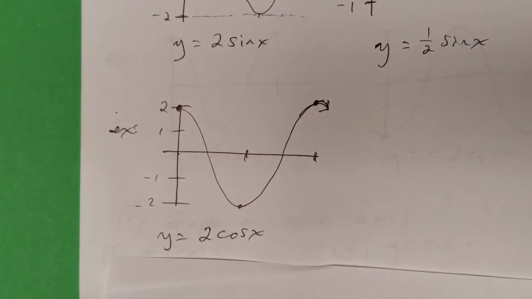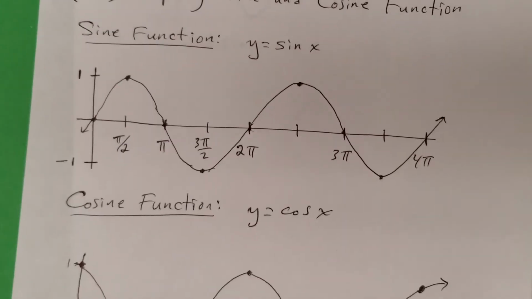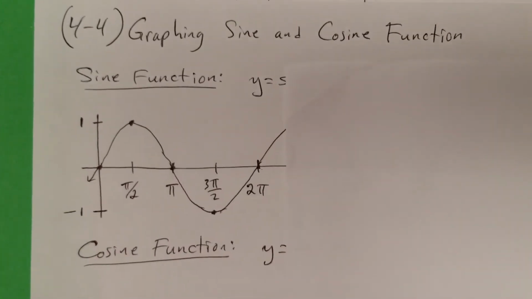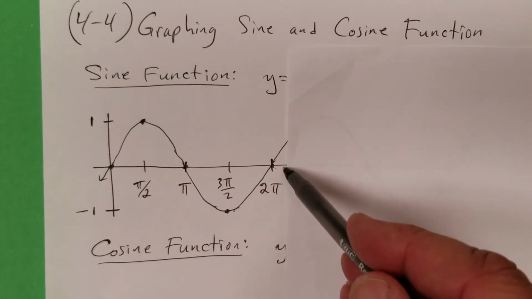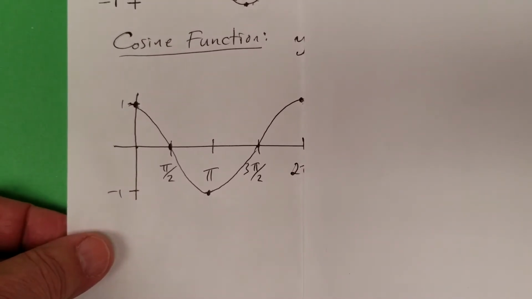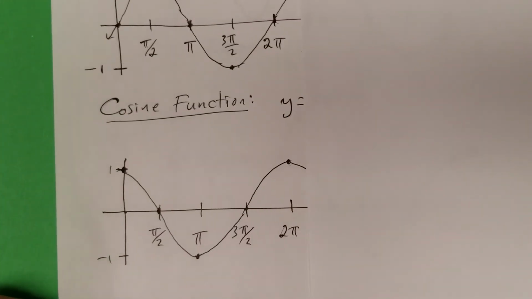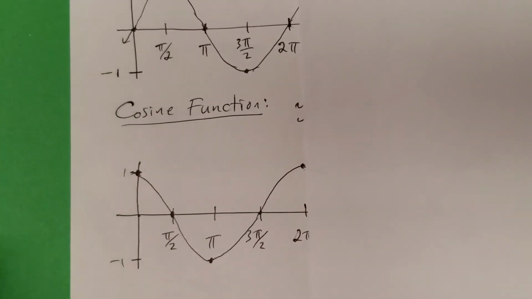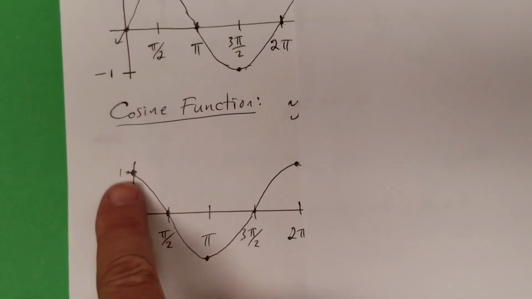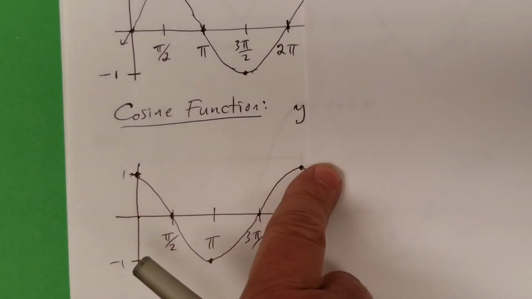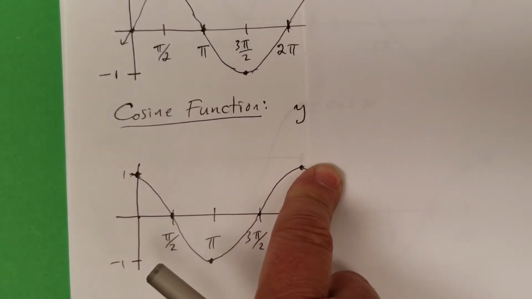Now, before we go on, notice that a complete cycle of sine looks like a perfect S. Well, for cosine, this is a complete cycle. I know some people like to think, where's the S? Well, a complete cycle is when you start repeating. So it looks like some sort of V or a U shape, but that's a complete cosine cycle.